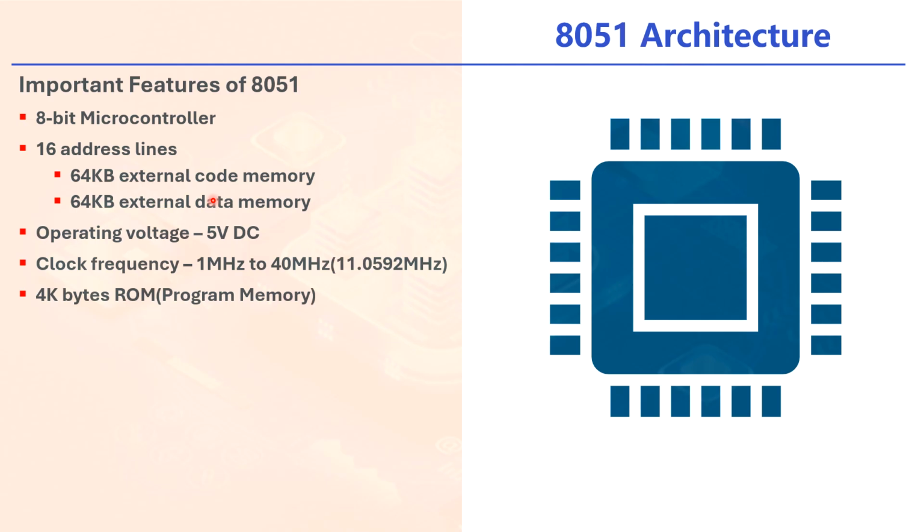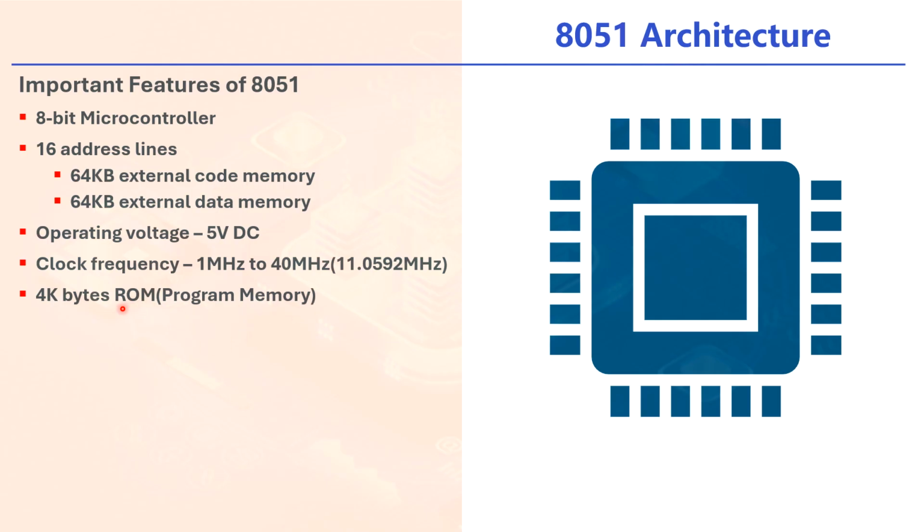Now, 4K byte ROM, that is the program memory. Program memory is nothing but code memory. We have used this term also here, you see the code memory. Code memory is nothing but program memory.